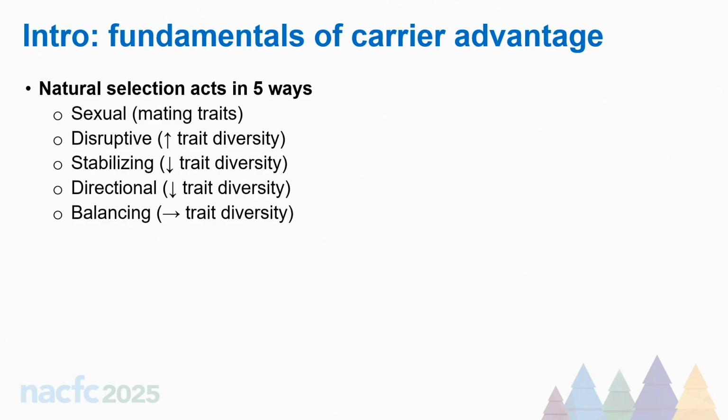Fundamentals of carrier advantage. You know about the theory of evolution. You probably know about competing theories in this country, but the theory of evolution is still the most prominent among scientists. We have 5 ways by which genes can be selected. Sexual selection, like antlers and horns and other displays that make one sex attractive to the other for reproduction. Disruptive selection.